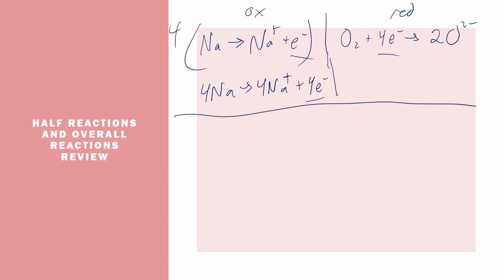I can add up to make my overall redox reaction. I have 4 sodiums and my oxygen gas making 4 sodium ions and 2 oxides. So now I know that the reaction is balanced overall because the electrons are the same. So you need to make sure that when you're putting those reactions together, you have the same number of electrons for both.